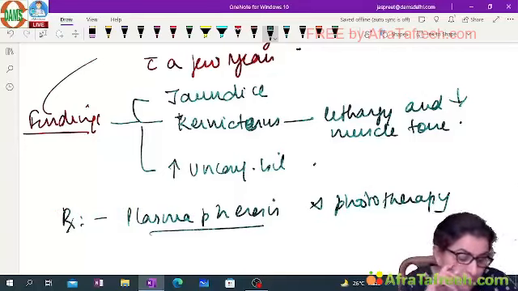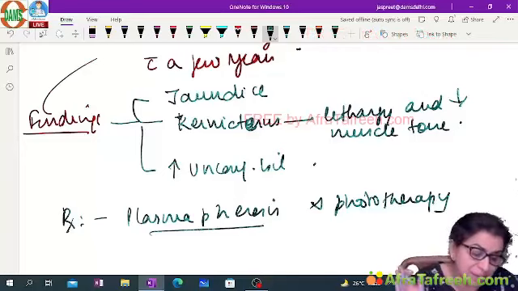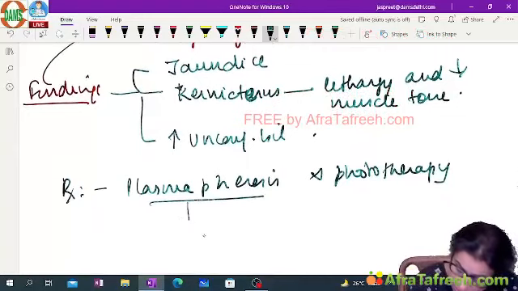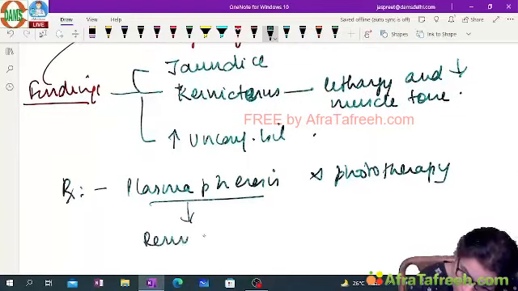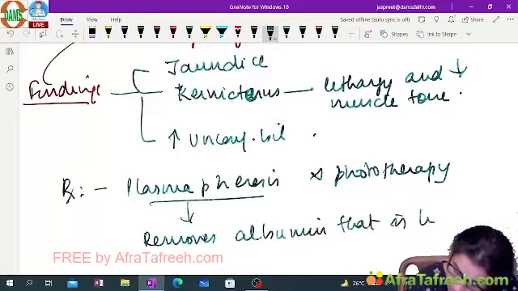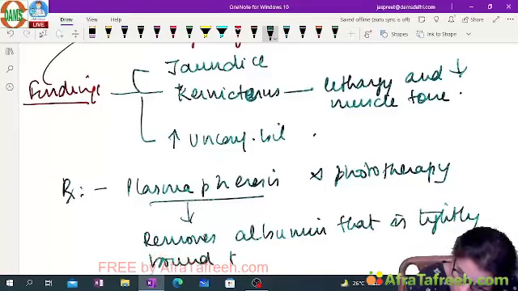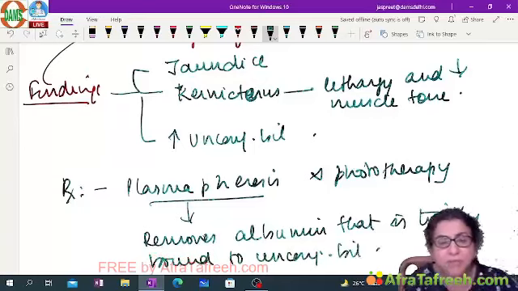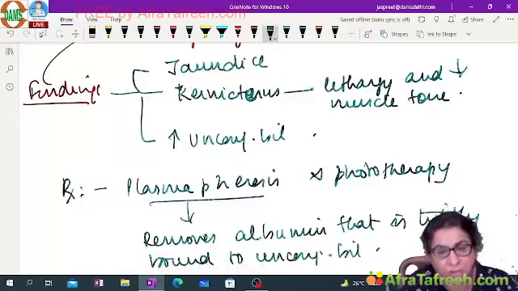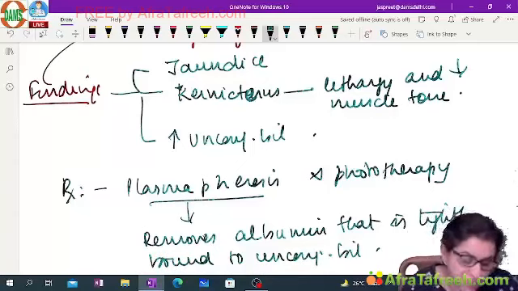So plasmapheresis rapidly removes albumin that is tightly bound to unconjugated bilirubin. Plasmapheresis is going to remove this albumin, so unconjugated bilirubin will also get removed.